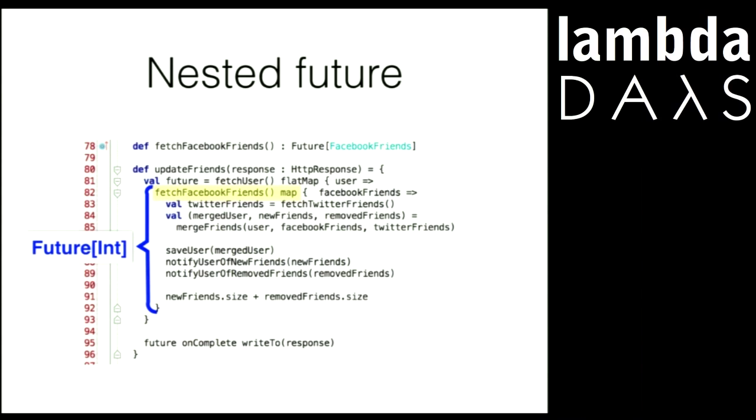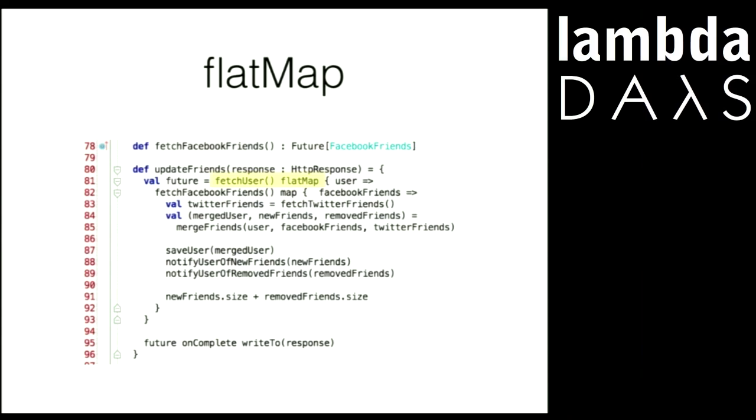Then we map the rest of the program to get the future of int. And then we've got these two futures now, right? We've got this inner and outer future. So in order to compose them, we're just going to call flat map. So before we were calling fetch user map, now we're calling flat map.